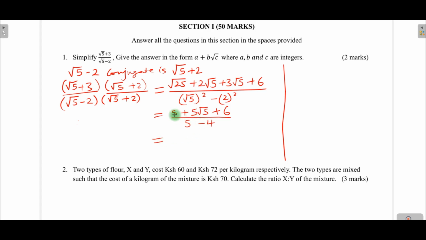So we simplify 5 plus 6, that is 11, plus 5 root 5 all over 1. And therefore now in the form a plus b root c, we get 11 plus 5 root 5, whereby a is 11, b is 5, and c is 5. So we move on to the second question.